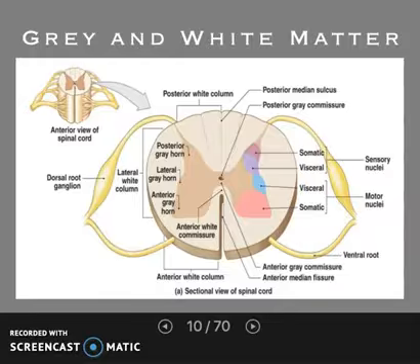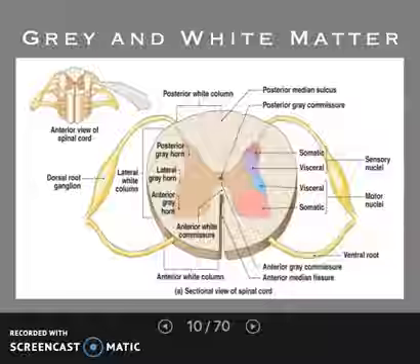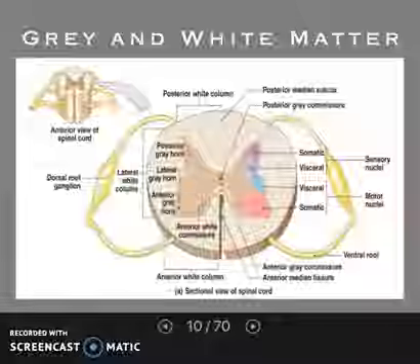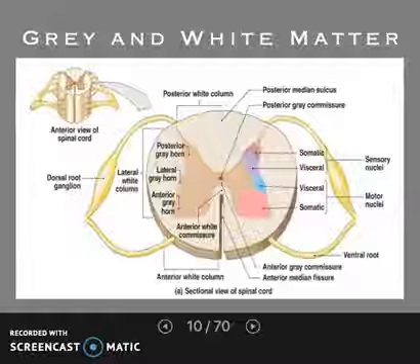Remember, viscera has to do with organs. Somatic has to do with the rest of the body. So in the somatic ventral horn, I have motor neuron tracts that innervate the skeletal muscles. The visceral tracts in the anterior or ventral horn are made up of axon projections from the autonomic nervous system that innervate your guts, right?